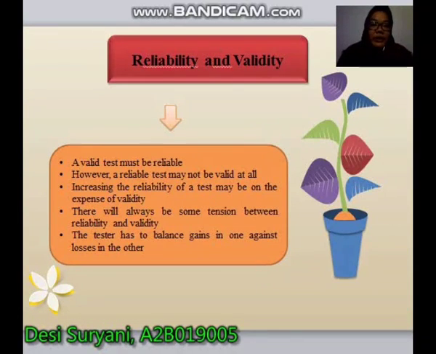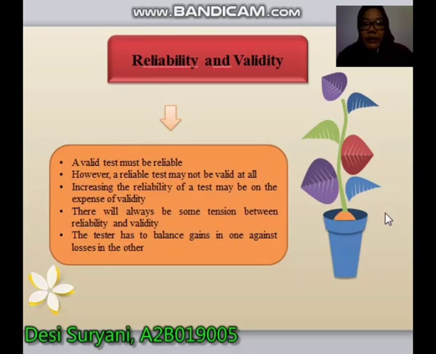Okay, reliability and validity. A valid test must be reliable. However, a reliable test may not be valid at all. Increasing the reliability of a test may be at the expense of validity. There will always be some tension between reliability and validity. The tester has to balance gains in one against losses in the other.